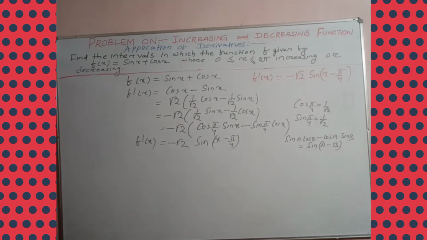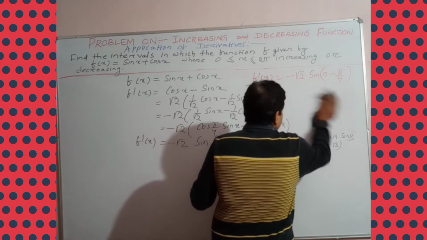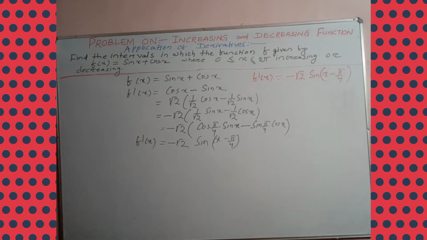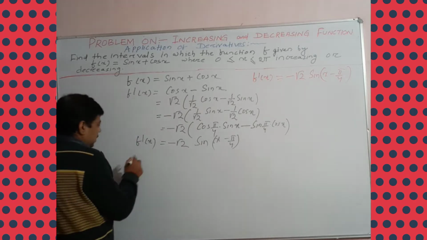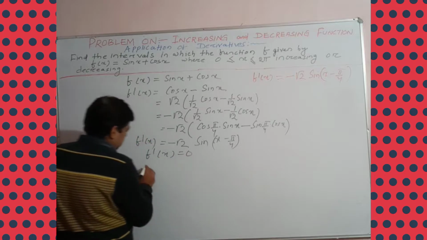First we found the derivative of the function. Understand? Now, after finding the derivative, we have to equate it to zero. Let f'(x) = 0.